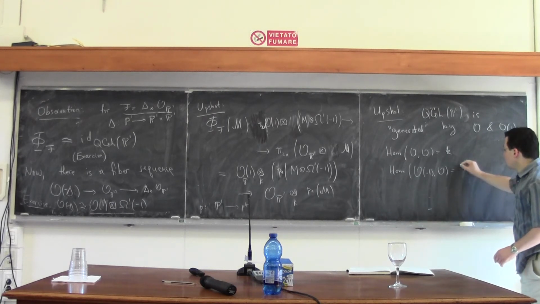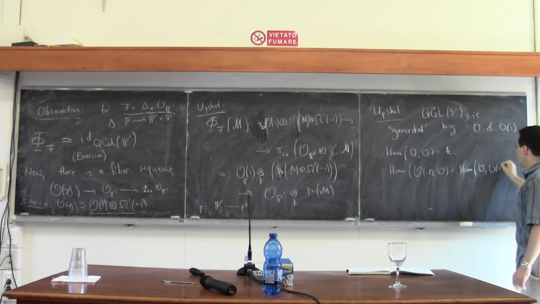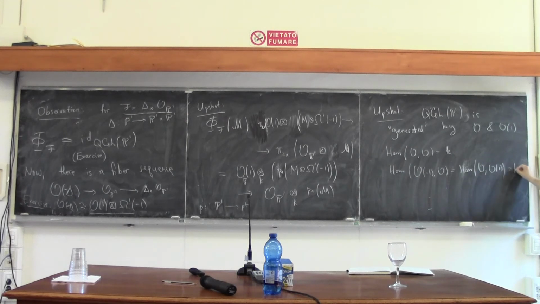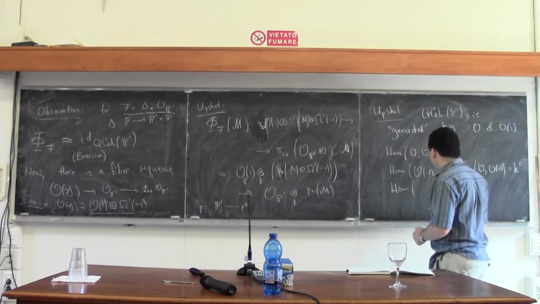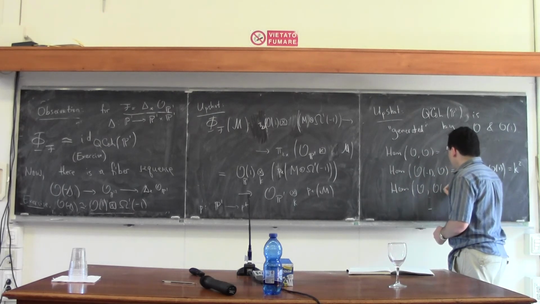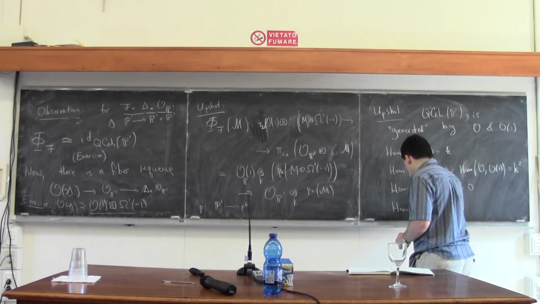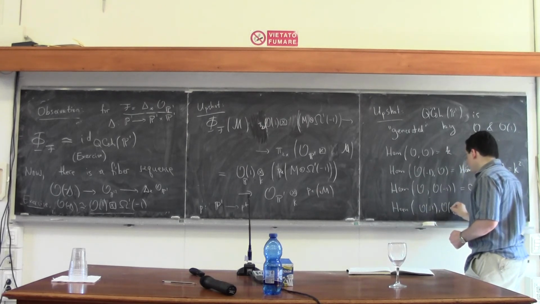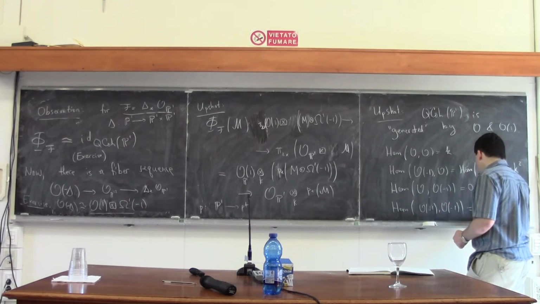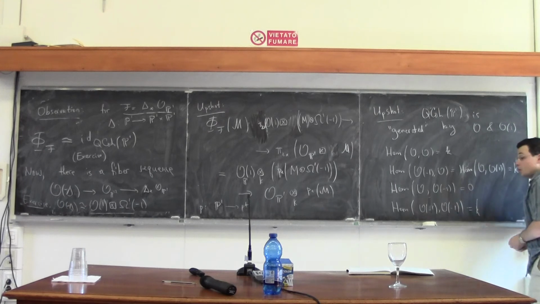This is the same as Hom from O to O(1), which, remember, in degree 1 is linear functions on a two-dimensional vector space, so k squared. Hom from O to O(-1) is 0. From O(-1) to O(-1) this is also k, because both of these are given by tensoring by a line bundle.